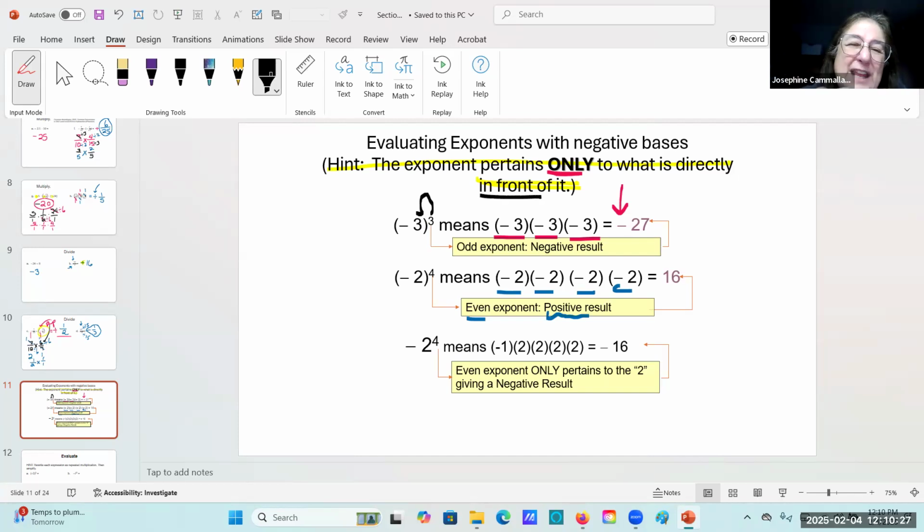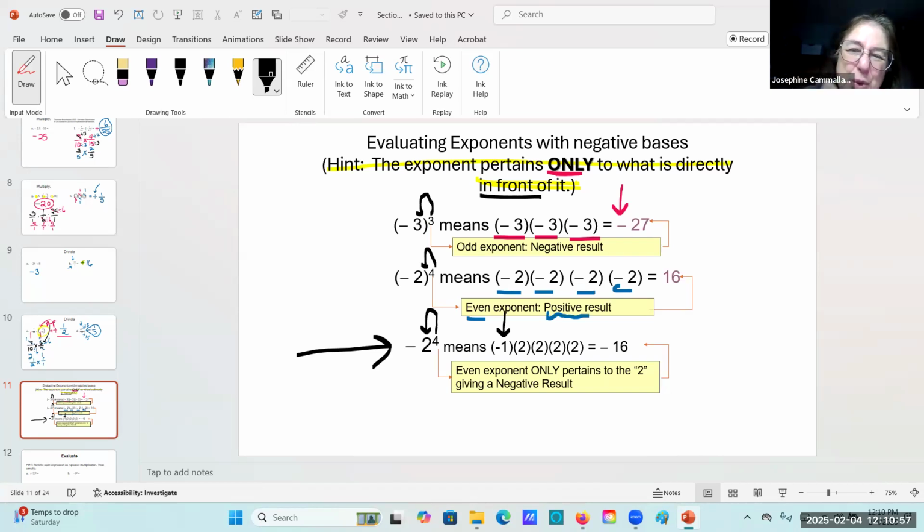What's in front of the exponent is the parentheses. But look at this last one. Mathematicians don't like to write ones. But this 4, what's directly in front of it?